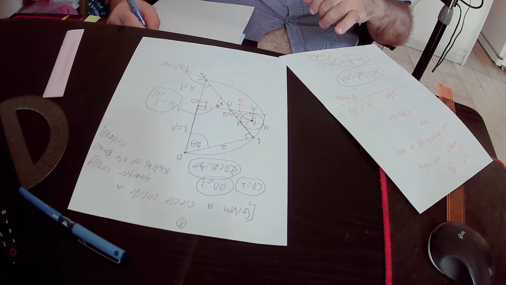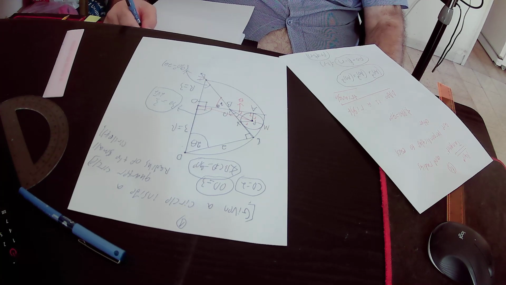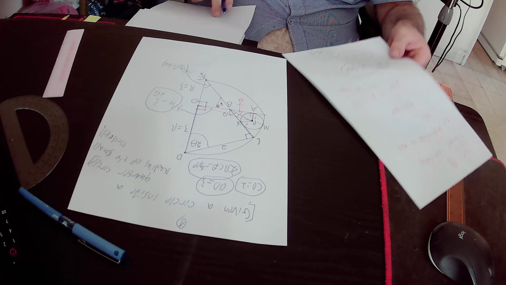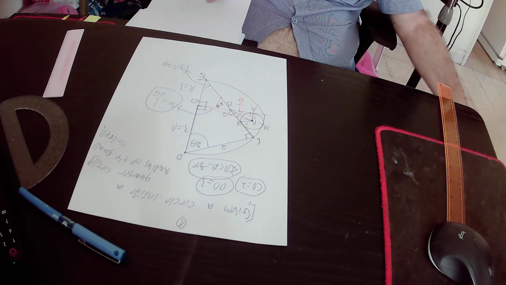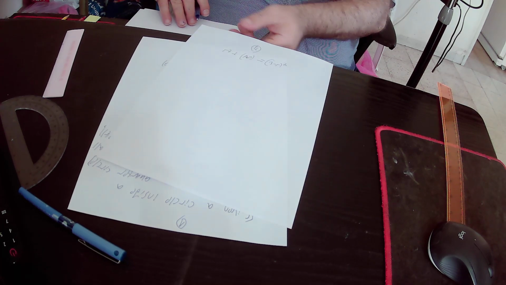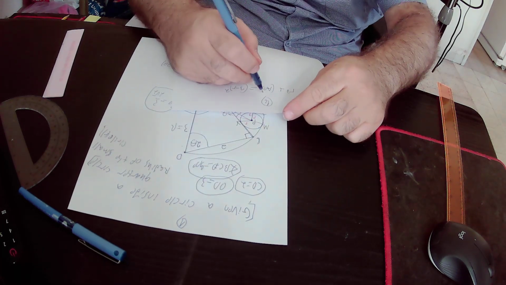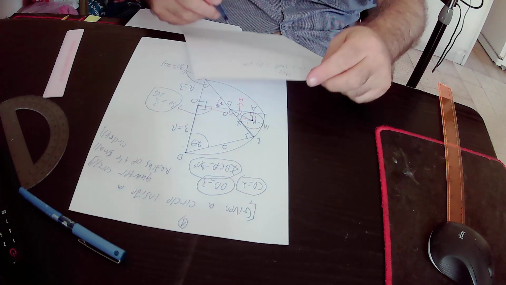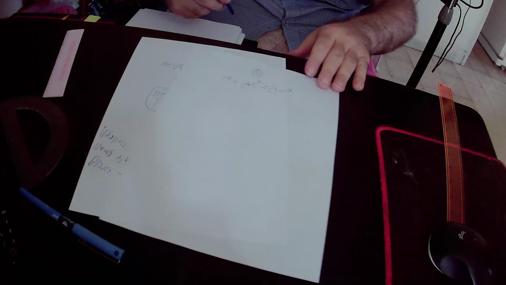But we have already found out that PO equals 3 minus r, so it is 3 minus r square. So in total we got that r square plus AO square equals 3 minus r square.